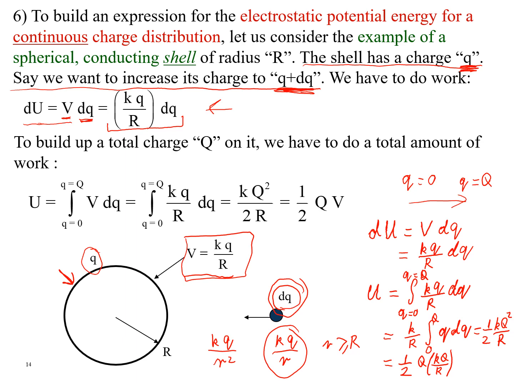That's actually the potential on the surface of the shell in the final configuration where its charge has been increased to a value of big Q. And so we can write this as being equal to half of Q times the potential on the surface of this charge. So this tells us that this factor of half that we find in our final formula is not an accident. It occurs for point charges and it occurs for continua of charges.